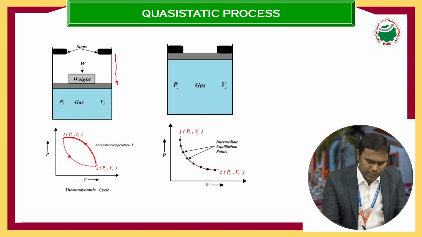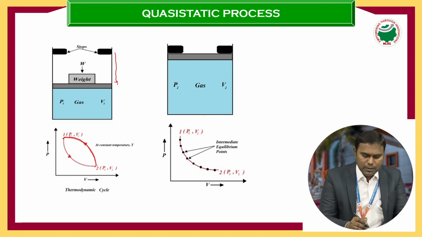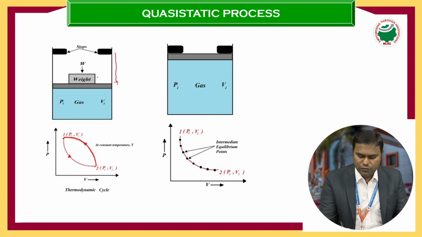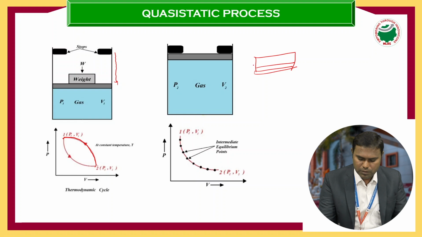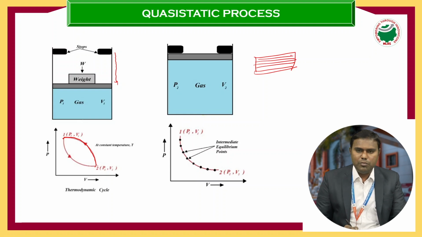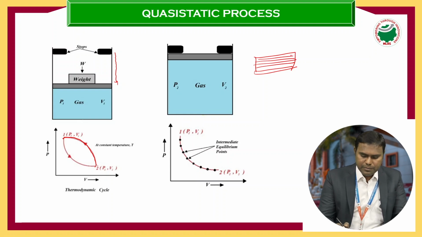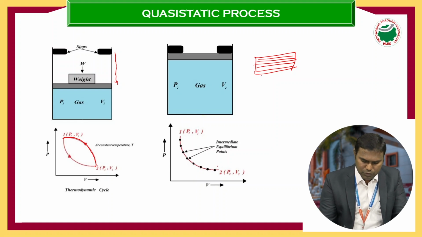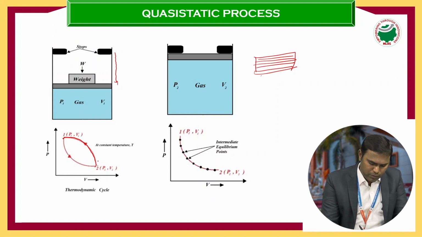Here this total weight is divided into an infinite number of small weights. Then if I keep one weight on the piston, the piston moves from one point to this point, then one more this point, this point, this point, like this.